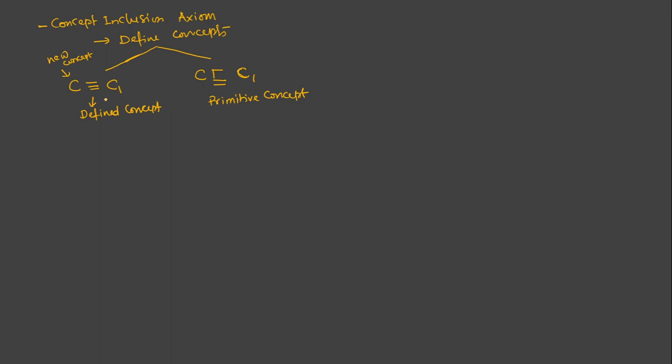Now you can see that for the defined concept case, we are providing much more information about C than with the primitive concept, right? So let us take two examples and try to see whether the kind of meaning that we are ascribing to these particular forms is true or not. So let us try to define, say, grandfather.